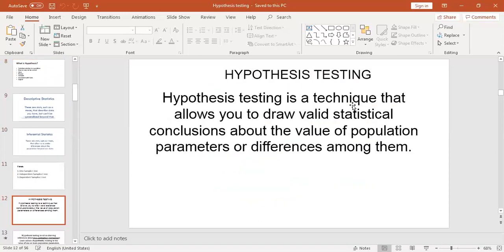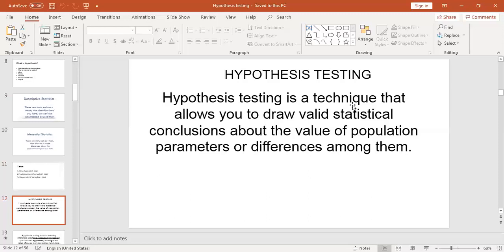So in hypothesis testing, it is a technique that allows us to draw valid statistical conclusions about the value of population parameters or differences among them. So it's not like in descriptive statistics. In hypothesis testing, we draw valid statistical conclusions about the value of the population parameters, or it may be about the differences between two populations.